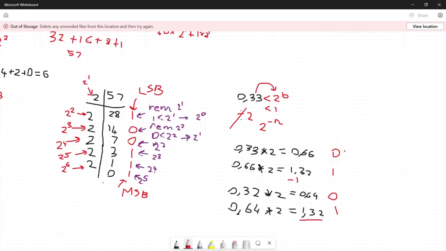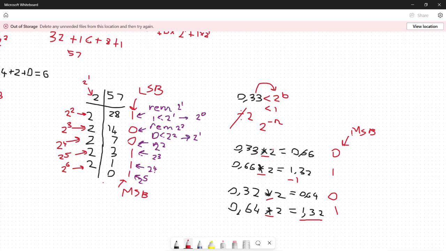And now, the part that sometimes might confuse people is the most significant bit is the top one now. That is our MSB. Why? Because now we are multiplying instead of dividing. So this is our smallest number.